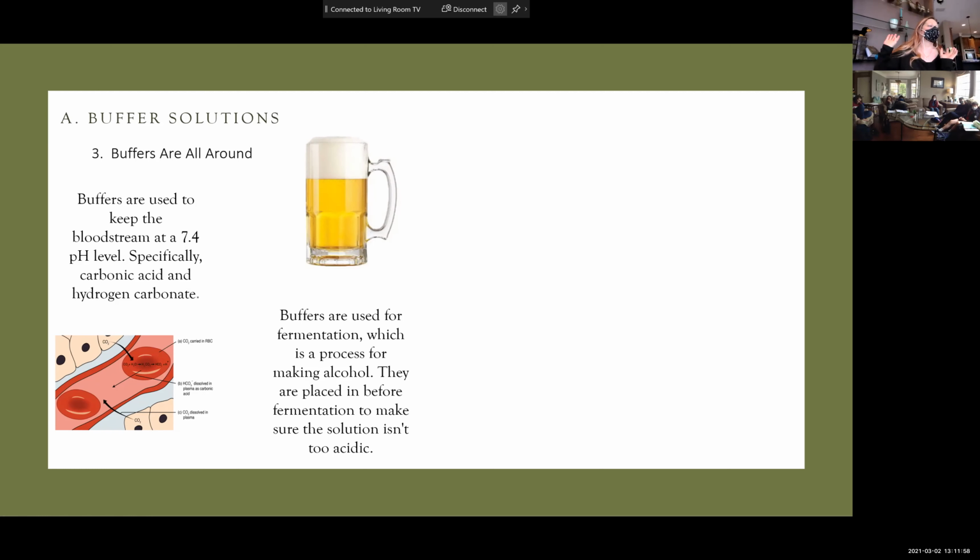It's a totally different process than fermentation to make beer, or the hard cider that Jason makes. So buffers are used for fermentation, which is a process of making alcohol. They are placed in before fermentation to make sure the solution isn't too acidic. If the solution were too acidic, what might happen?